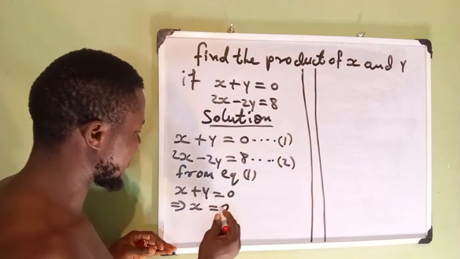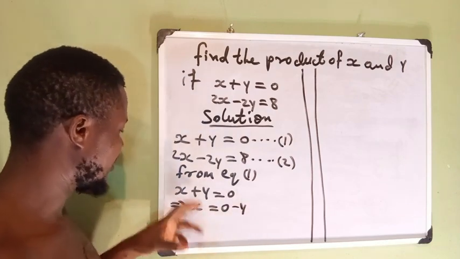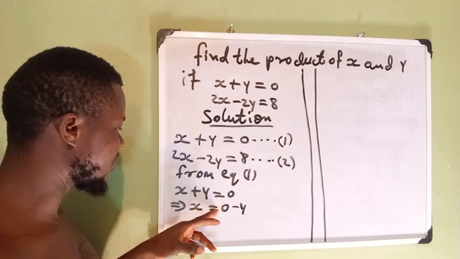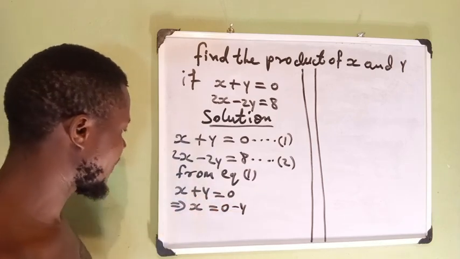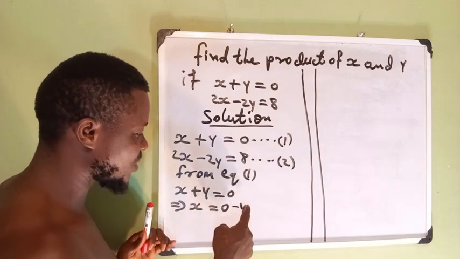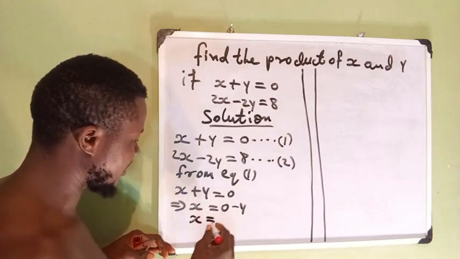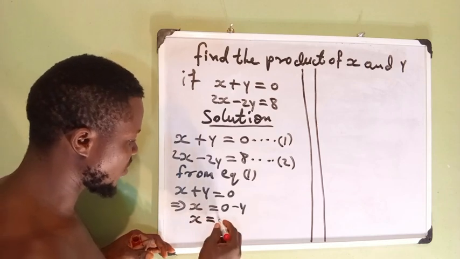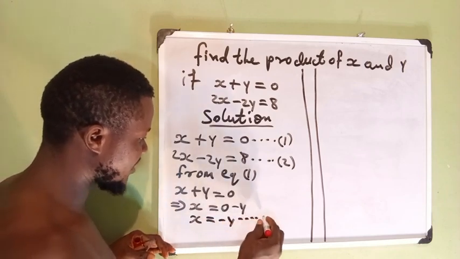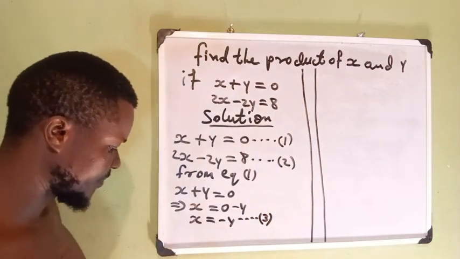So x is equals to 0 minus y, because this is plus y here. When plus y crosses this, it becomes minus y. This implies that x is equals to minus y. This is equation 3.